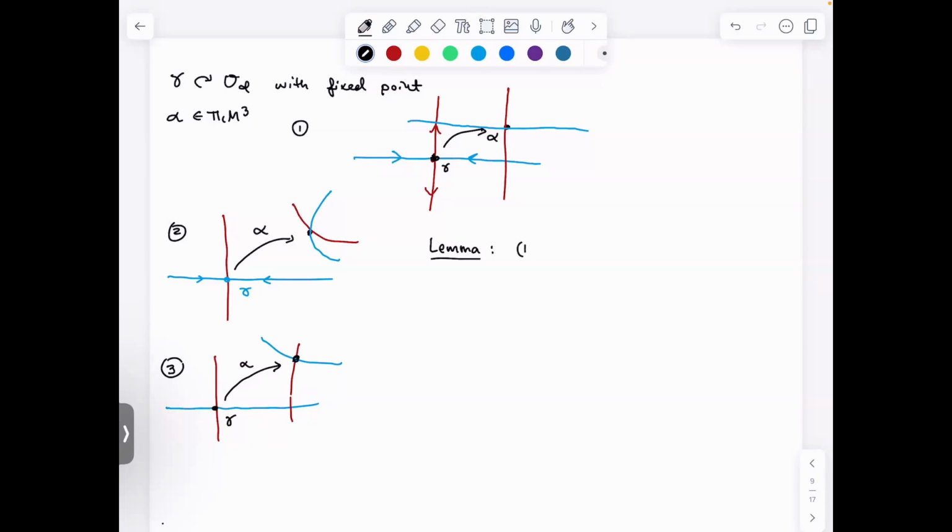Okay, so picture one holds if and only if for all natural numbers, if I take some high power of gamma and I compose this, or concatenate it here in the fundamental group, composing it, thinking of an action, with a high power of its conjugate by alpha, that element of the fundamental group acts with a fixed point.